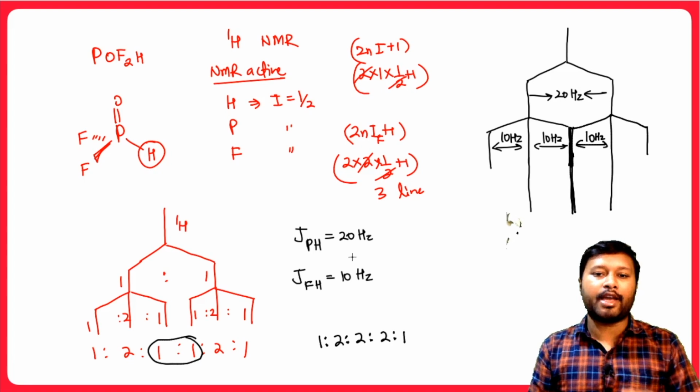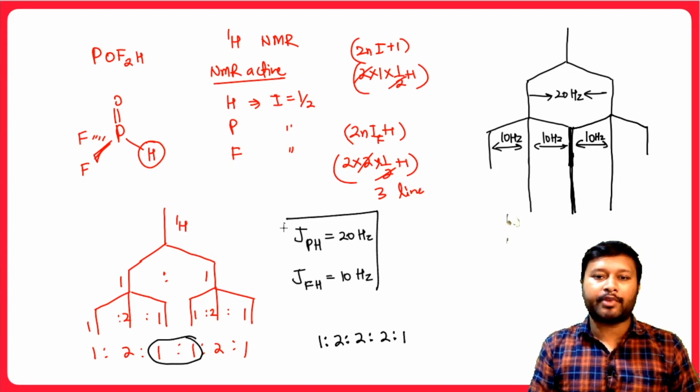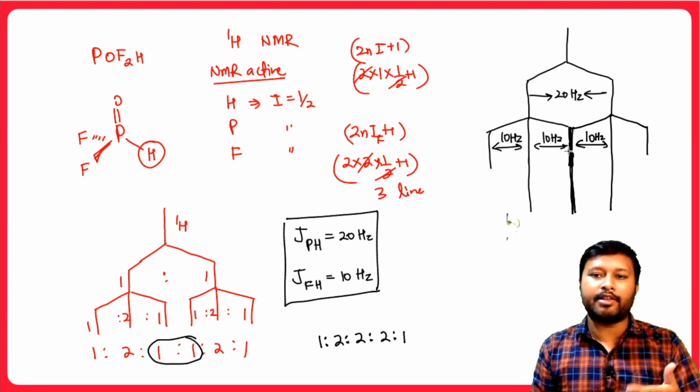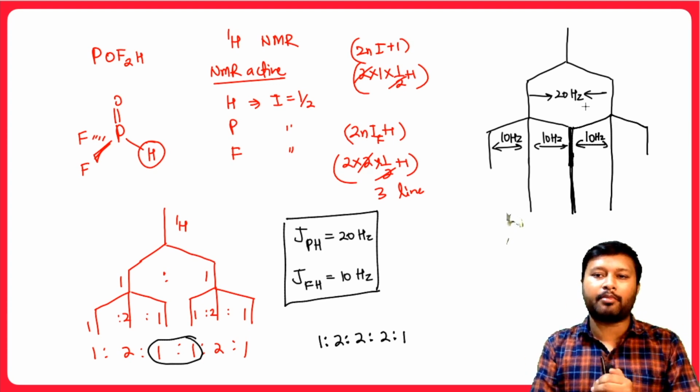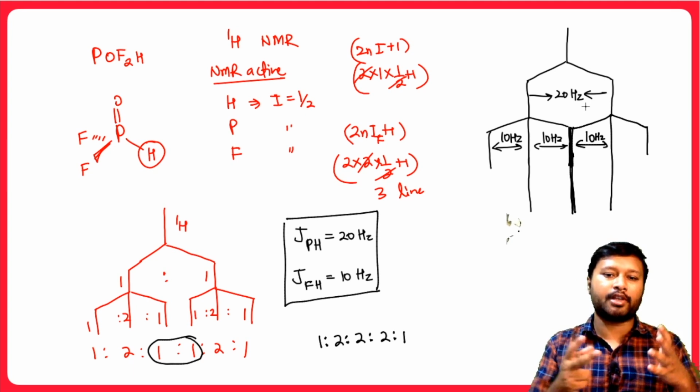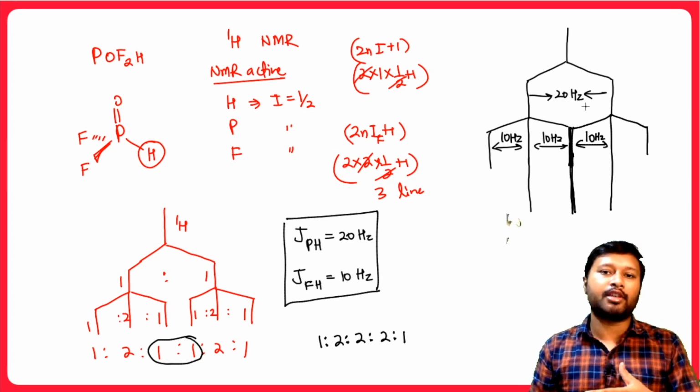But this will only happen if the J values are such that on adding these two you get the distance between them. So this is one of the classic examples where merging of two peaks happens, the number of signals decreases and the intensity also changes.